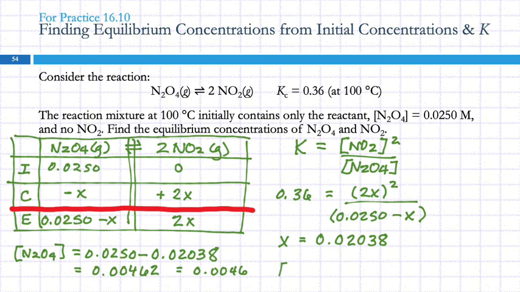And then the NO2 is equal to 2 times x, which is 0.04076.